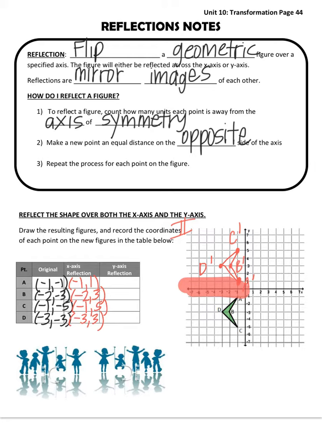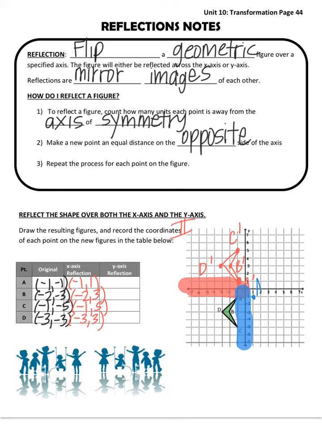Alright, so for the y-axis, this time we'll flip across the y. If we look, A is 1 unit away from the y-axis, so A prime will also be 1 unit away from the y-axis.